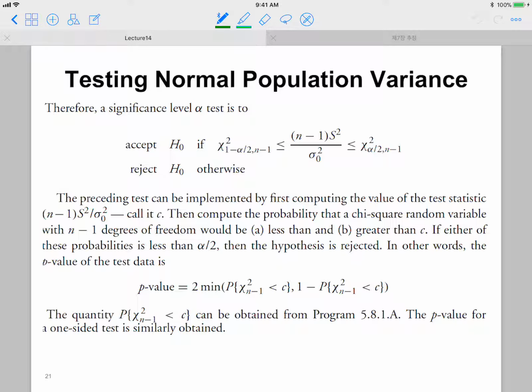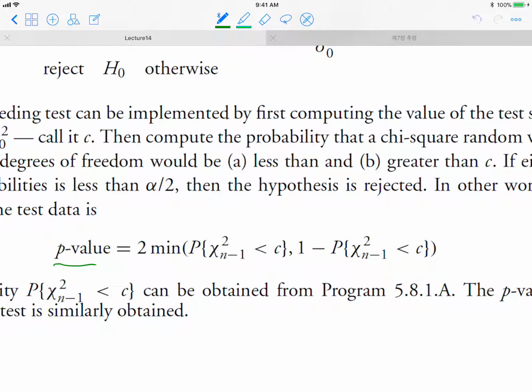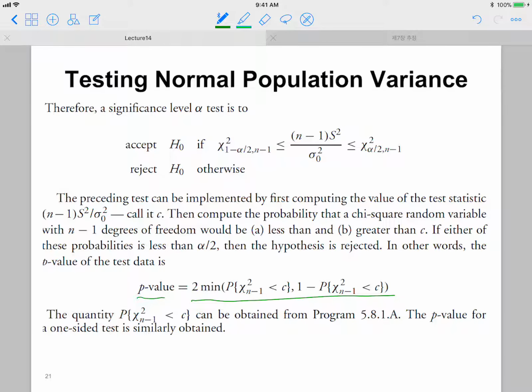Then let's think about our p-value. So the p-value has this kind of representation. In the case of the t statistic, suppose your value was found to be here.